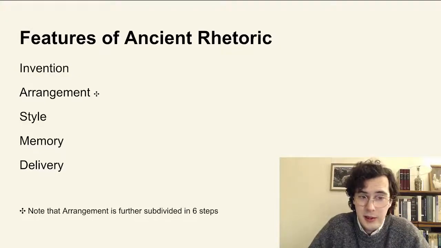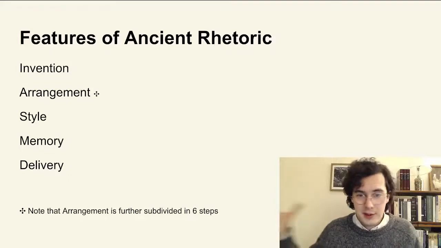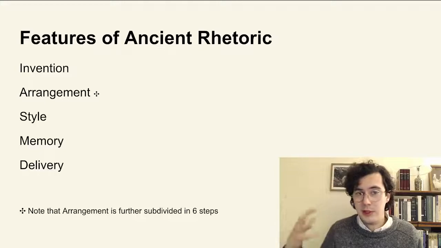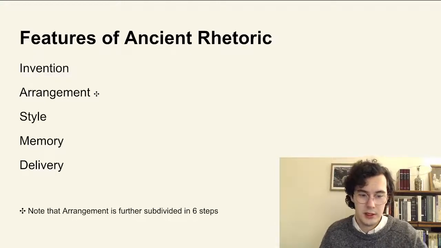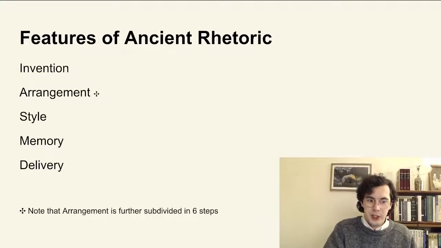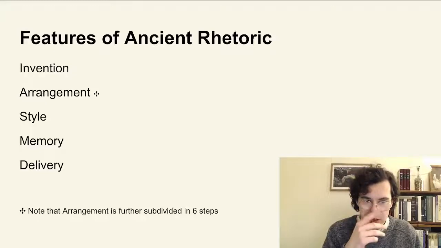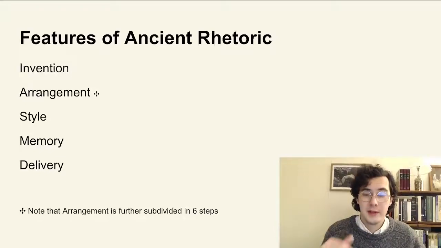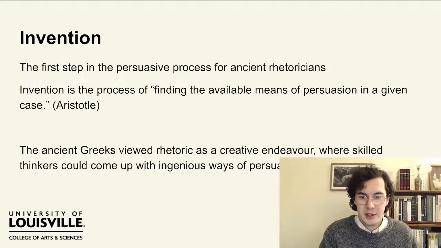And quite honestly, these basic tenets and strategies of ancient rhetoric are valuable even today, and quite relevant to modern conversation. So you'll also note here that arrangement has an asterisk next to it because this particular step is subdivided into 6 phases, and we'll go over each one of those. But first here is invention.